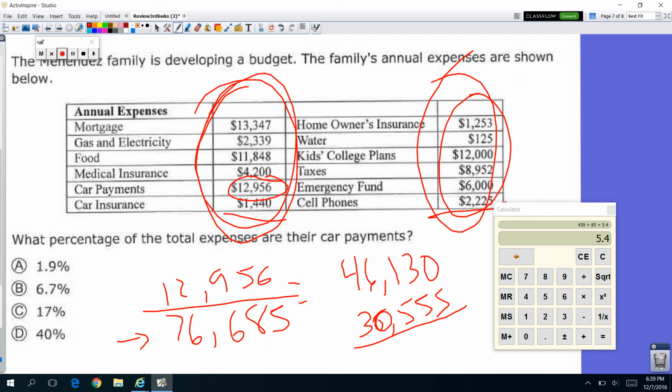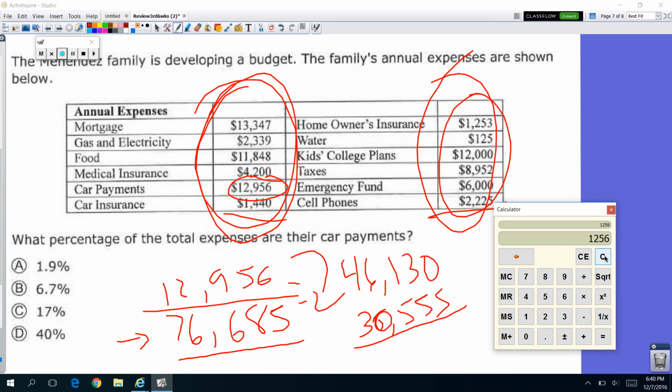So anyways, then I divide this by that. And when I do that, remember the whole is 76,685, so that goes outside, so be careful. What that means is that you're dividing 1, 2, 9, 5, 6.